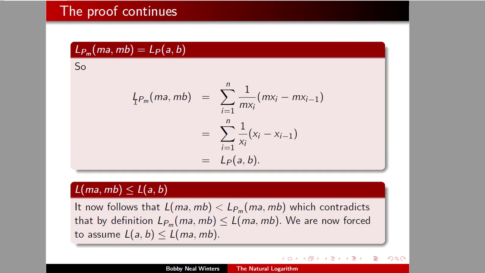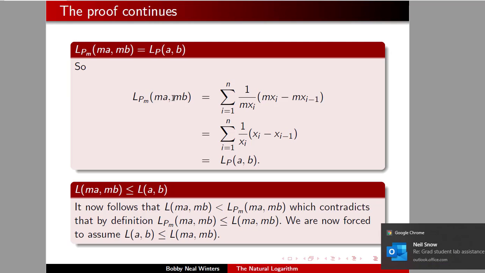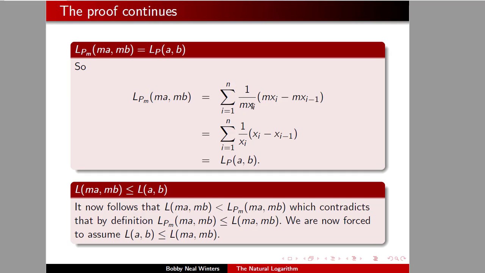Why? Well, we just write it down. L_{P_m}(ma, mb) is equal to the sum of 1 over m x_i times (m x_i minus m x_{i-1}). I can factor out the m in the numerator and cancel it with the m in the denominator, and that gives us exactly what L_P(a, b) is.